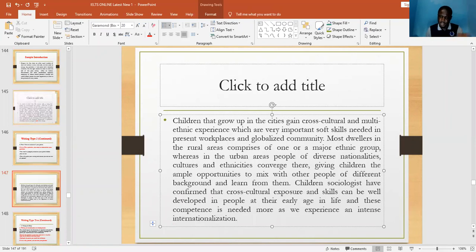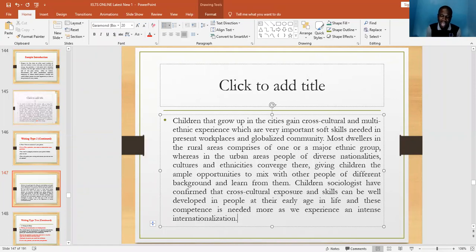I said children's sociologists have confirmed that cross-cultural exposure and skills can be well developed in people at an early age in life, and this competence is needed more as we experience intense internationalization. So I have completed a paragraph on cross-cultural competence, and I've reinforced internationalization and globalization to say that it is critical that children get developed for the present realities.